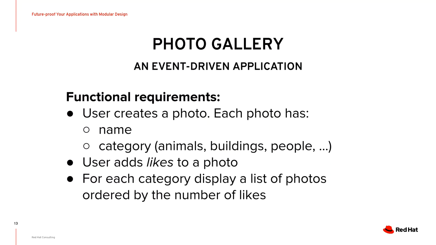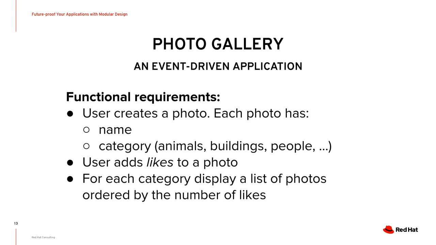We have users in our photo gallery creating photos, and each photo has a name. We also organize photos in categories. For example, we have photos of animals, photos of buildings, and people.